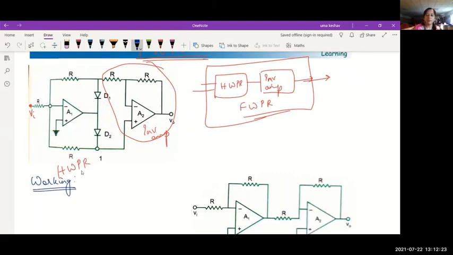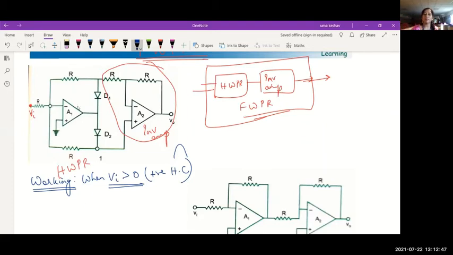What happens? Let me say when Vi is positive, greater than 0, positive half cycle. As soon as I write like this, Vi is greater than 0, it means it is going in its positive half cycle. Okay, please understand that. So whenever Vi is more than 0, it is increasing in its positive half cycle.